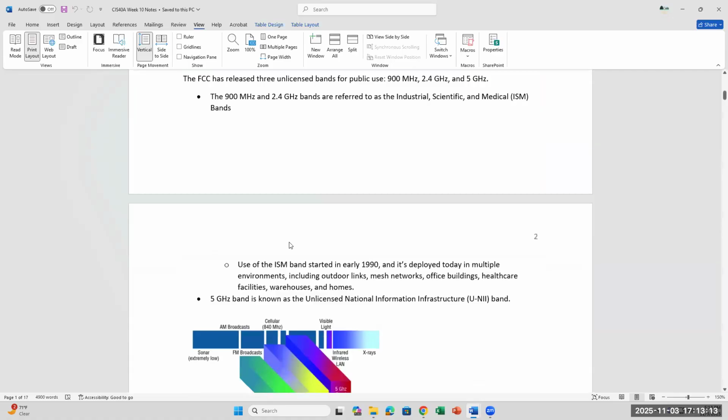Okay, so there are 3 license bands for the United States. As you can see on the bottom of page 1, I talk about 2.4 gigahertz. That's one of the bands. 5G, you hear that all the time, right? 5G internet, 5G for us in wireless, that just means that the frequency is at 5 gigahertz.